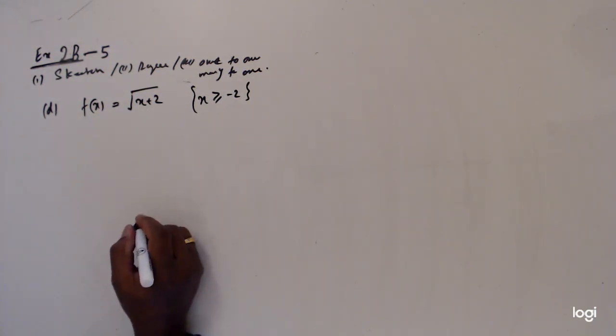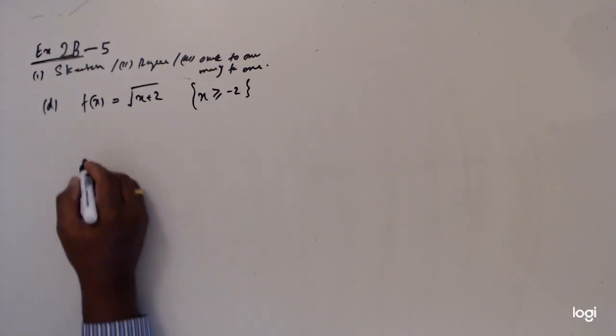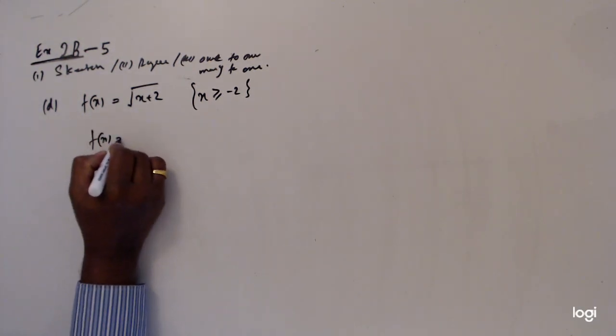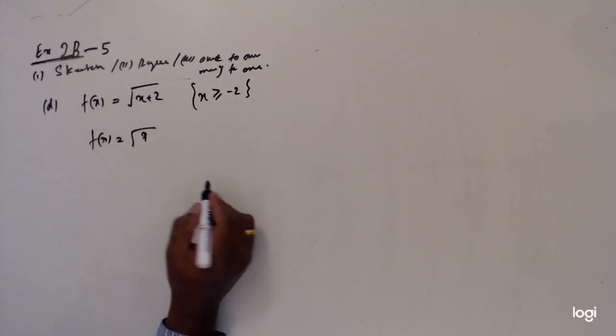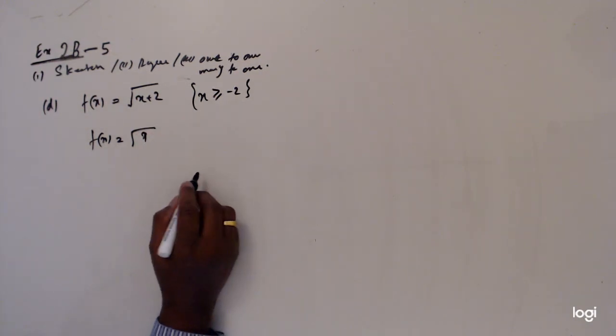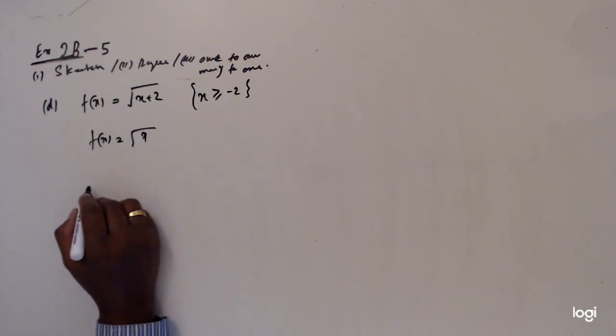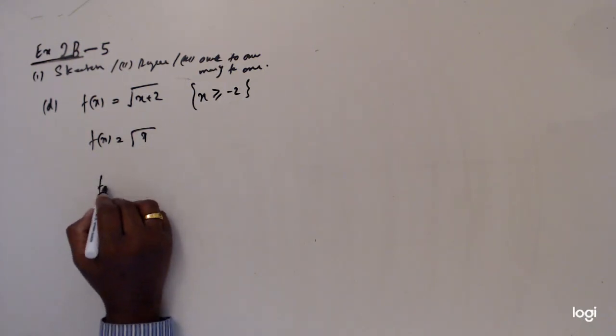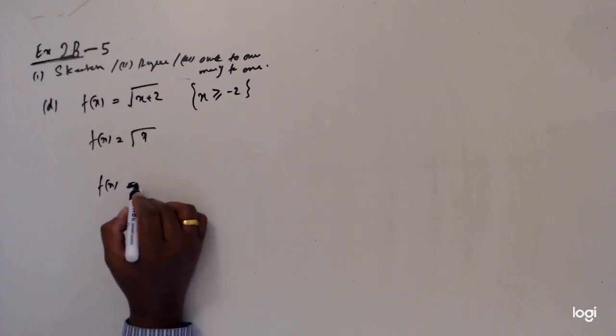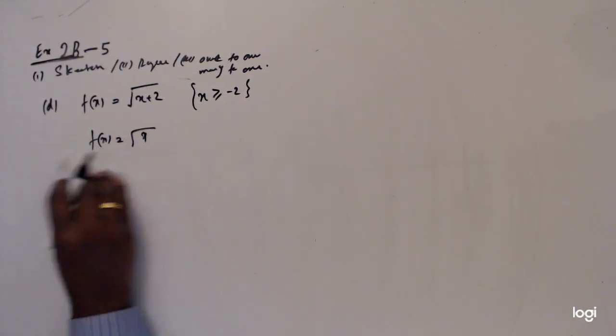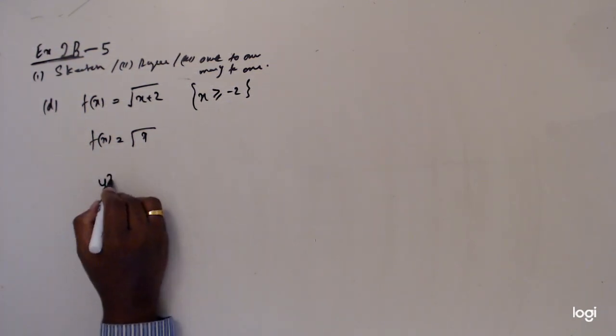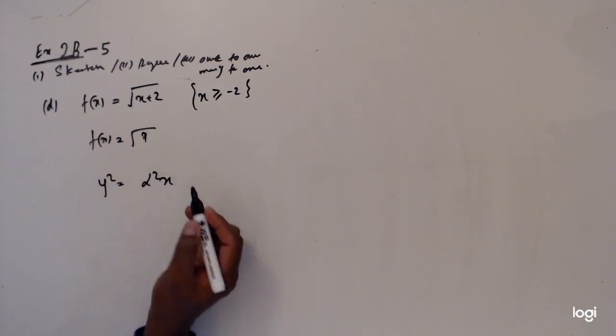Part D, to draw this graph, we should remember this graph. I think with my discussion I showed you this type of graph. y squared equals x.